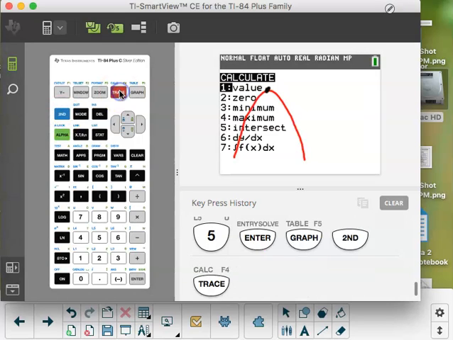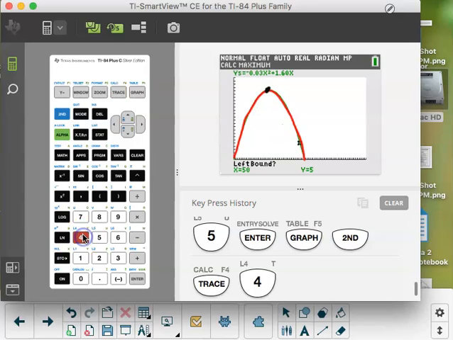Second trace, look at that, number 4 says maximum. Well, let's hit that. So now Blinky's asking me to be to the left of the maximum. Well, I'm not on the left side of this mountain. I've got to go over to the left side of the mountain. So there's the left side of the mountain, anywhere over there, and I press enter.